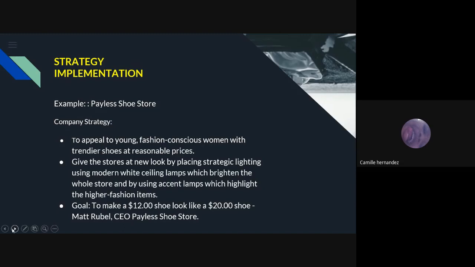So ultimately, they want when you pay $12 for a shoe, you feel like you spent $20. They want you to feel like you get more bang for your buck, you get more value for your money. And this was the goal by Matt Hubel, CEO of Taylor Shoe.